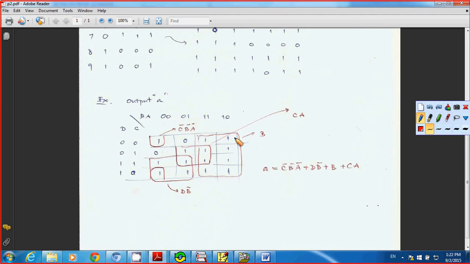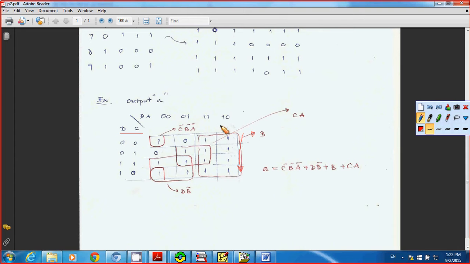Now you have to simplify your Karnaugh map. So what I have, I draw a red rectangle. So I have 1, 2, 3, 4 terms. For this term, you need to write down the input. Since you look from the top to the bottom here, D and C change, so you do not take D and C as the input here.